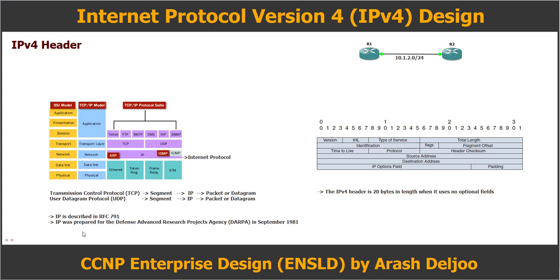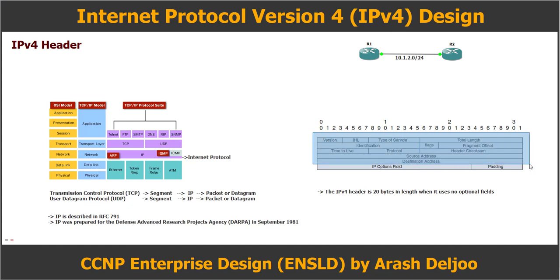Until now, we have learned that the segment should be sent to the IP, and after that IP creates the packet or datagram. And we know that one of the most important features that we have in the IP is the IP header, and now we are talking about the IP header. The IP header without IP options and also padding has 20 bytes length.